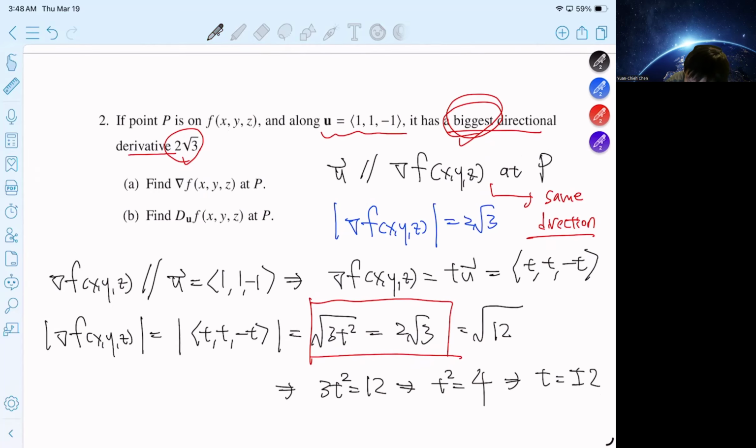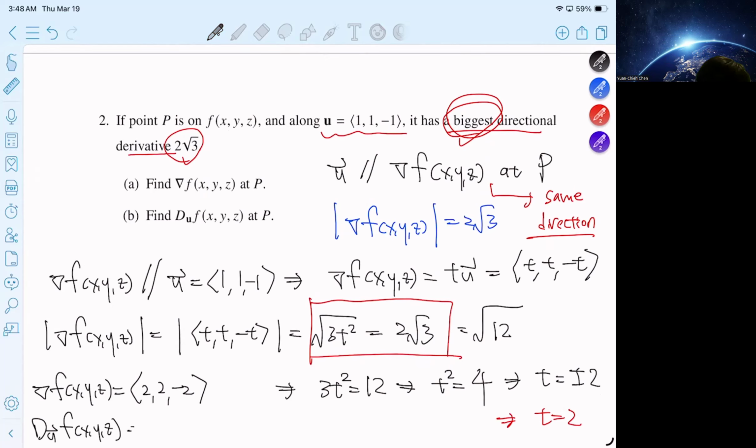So finally, plugging in t equals 2, the gradient of f is (2, 2, -2). And the directional derivative would just be the gradient dot the direction.